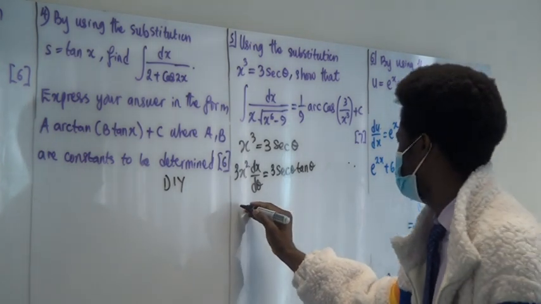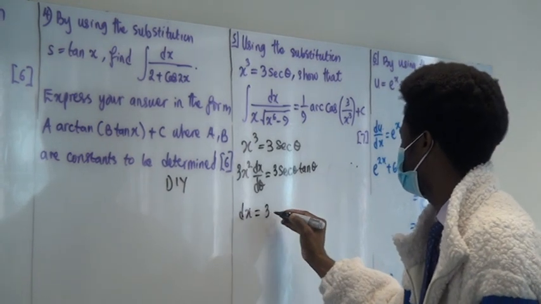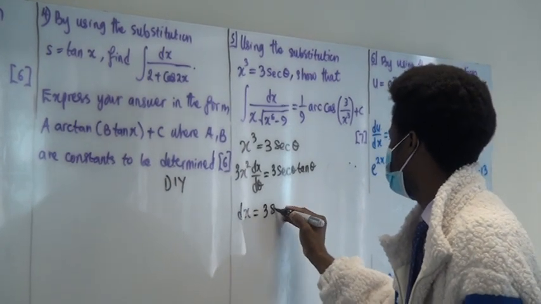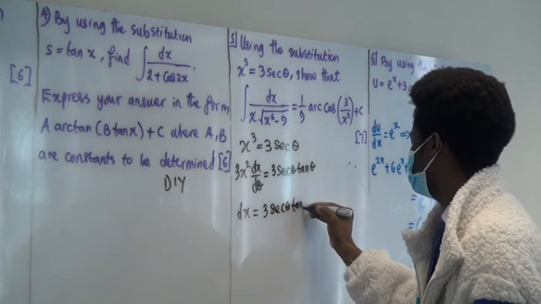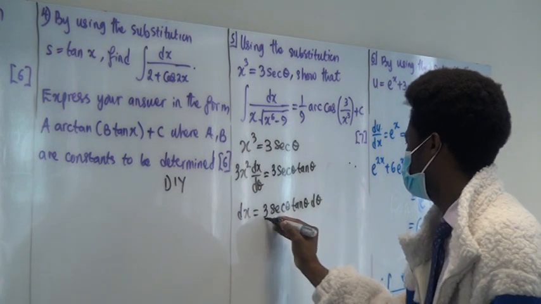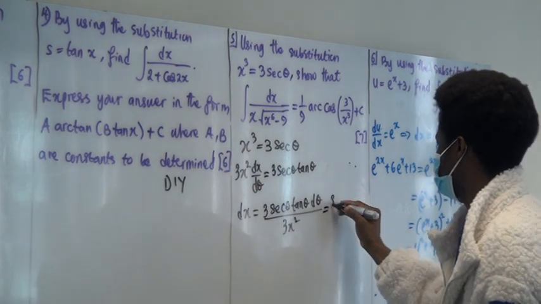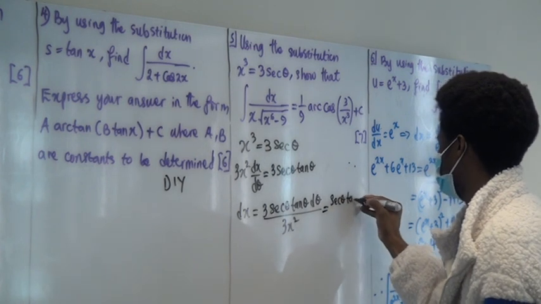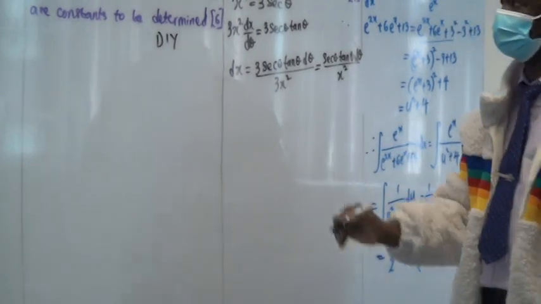My dx will be 3 sec theta tan theta d theta divided by 3x squared, which should be sec theta tan theta d theta divided by x squared.